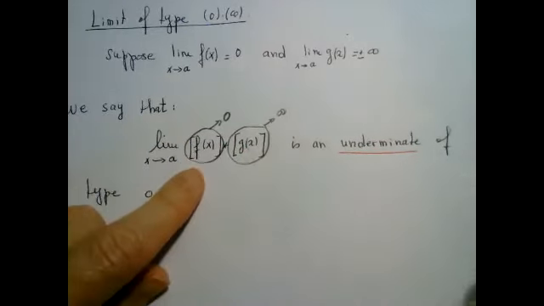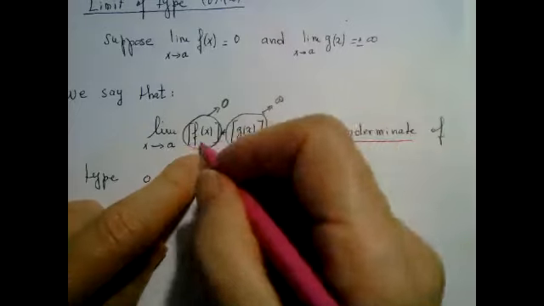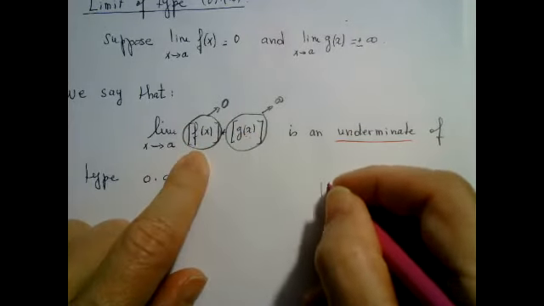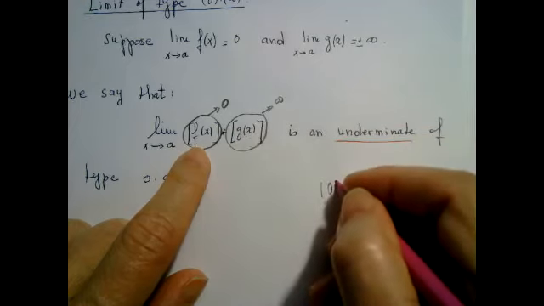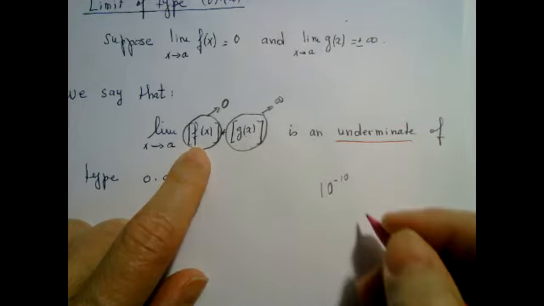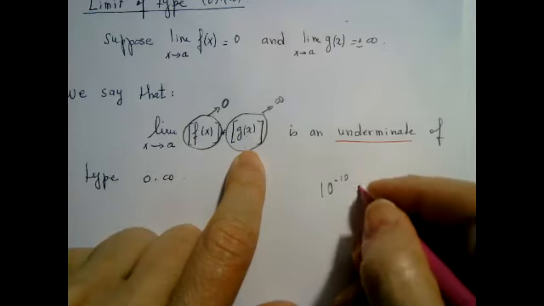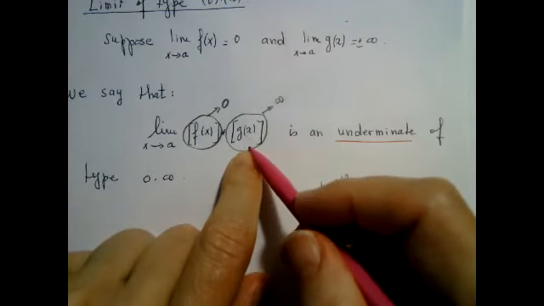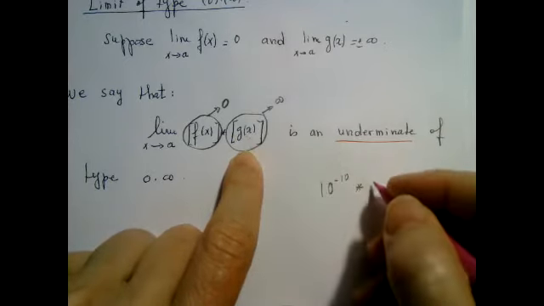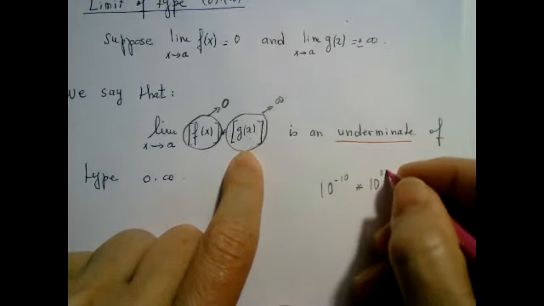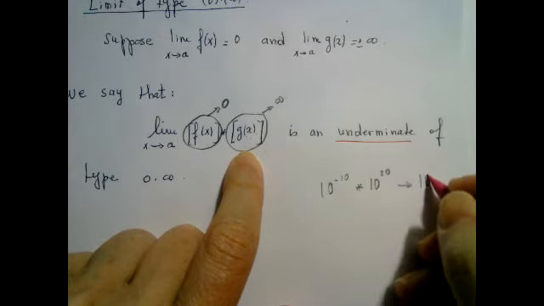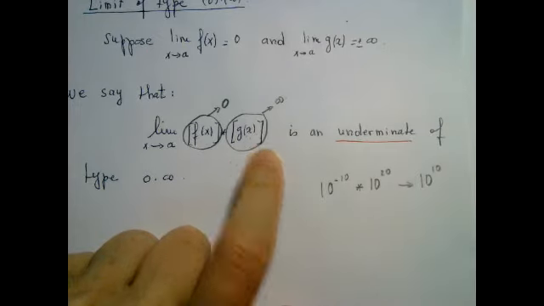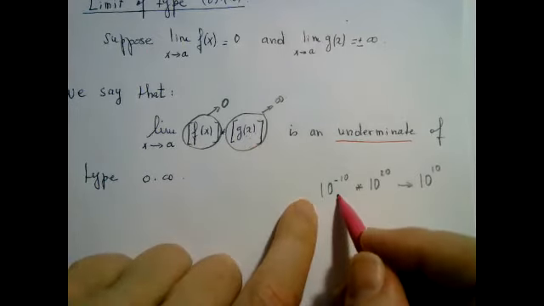For example, suppose f is something like 10 to the power minus 10, very, very tiny, and I multiply it by 10 to the power 20, a large number. Then the product is 10 to the power 10, which is large, because this is way larger than this is small.